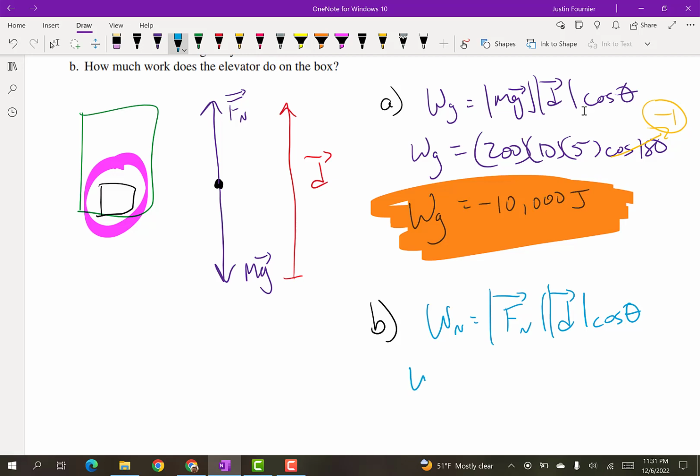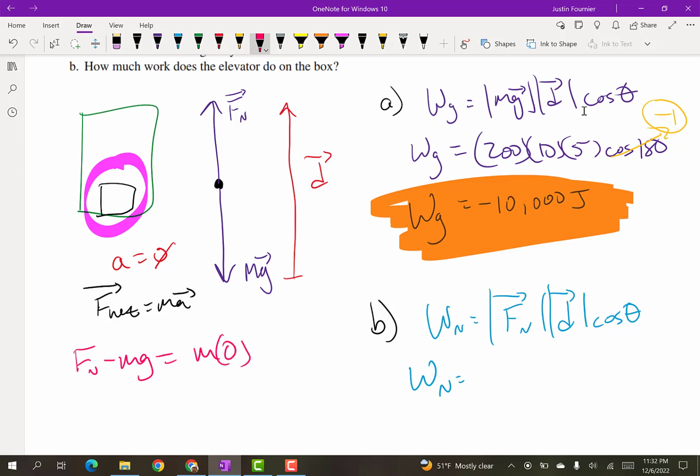I basically said that if it is moving at a constant velocity, the acceleration is 0, then I can use Newton's second law to figure out what the normal force is. It's going to be the normal force minus the weight equals the mass times 0. 0 times anything is just going to be 0. And that essentially tells me that the normal force is equal to the weight.